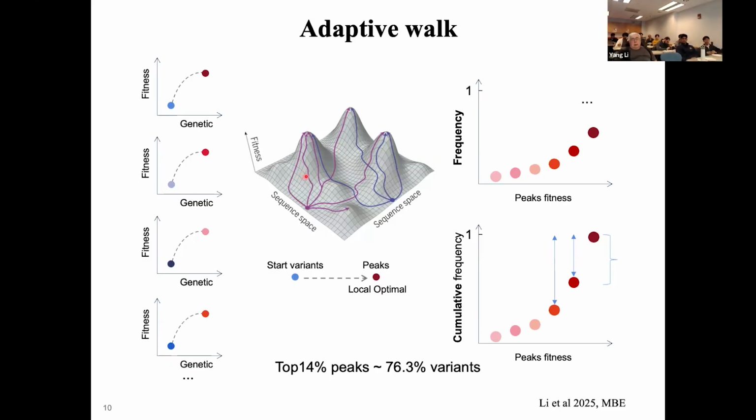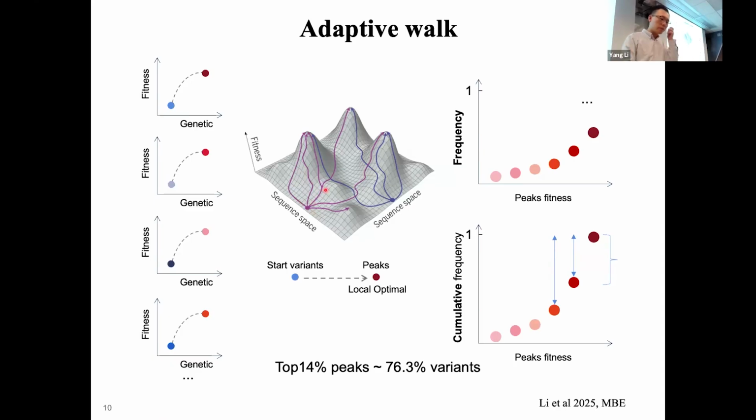In the adaptive walk, we only select for higher fitness. This is the model, just the trajectory, what that trajectory looks like. Yes, we only select for higher fitness compared to the original one. So when the fitness goes down, the walk will stop.